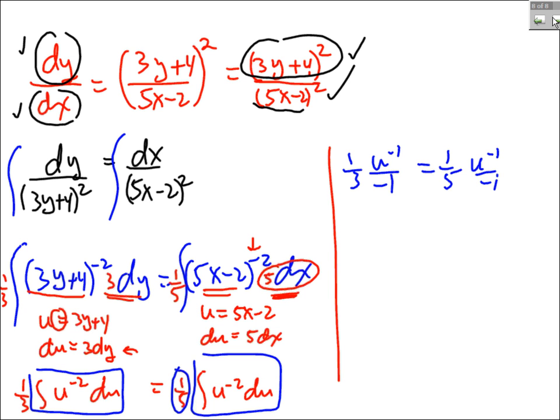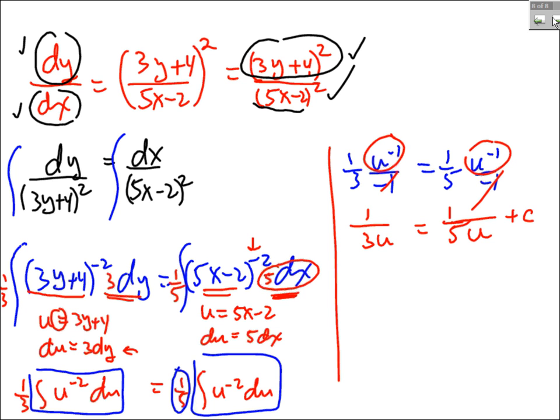You can cross off common factors. So now you have 1/3 times that. Since that has a negative exponent, I'll put it in the bottom. And you have 1/5 times that. Since it has a negative exponent, I'll put it in the denominator.